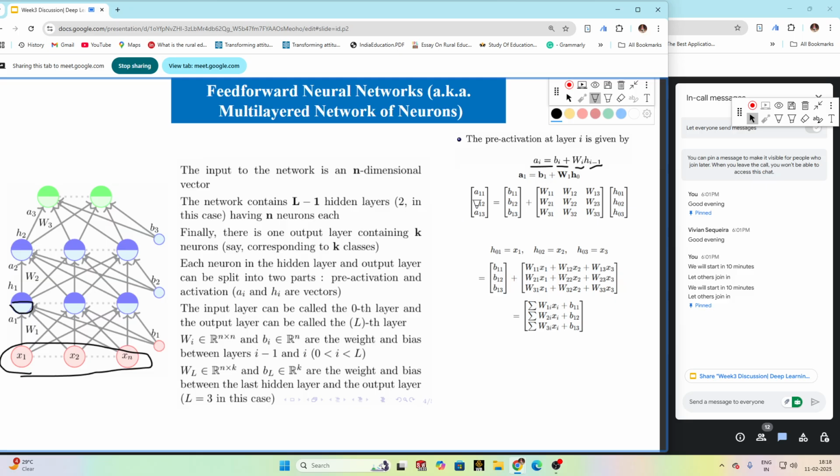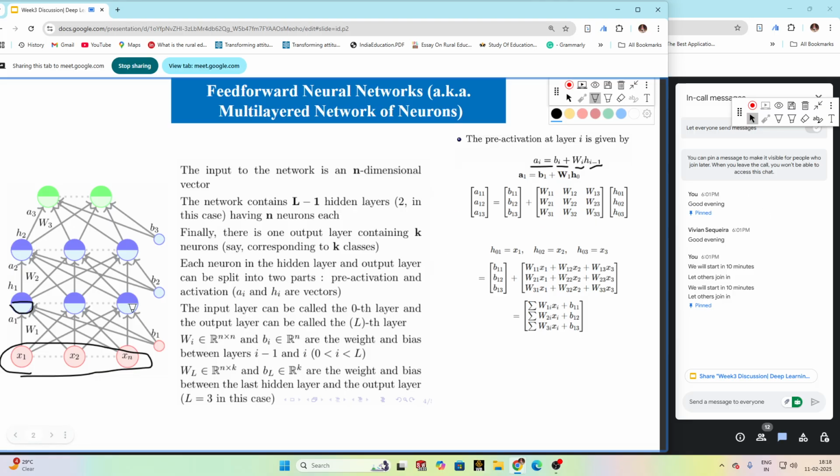Similarly for A12, when we calculate this neuron, we will have W21, because this neuron will have input from these. So the weight connecting x1 will be called W21, the weight connecting x2 will be called W22, and the weight connecting x3 will be called W23.